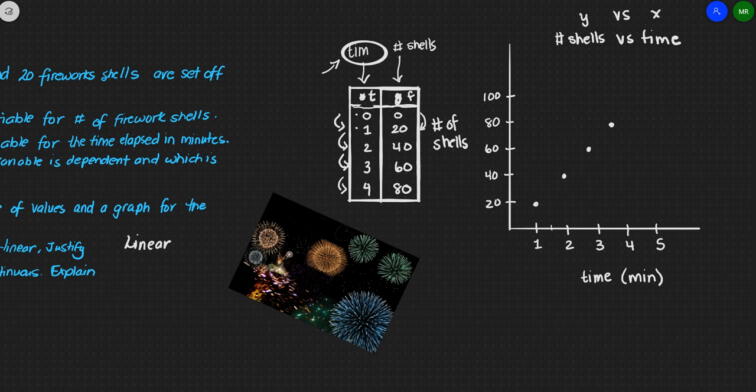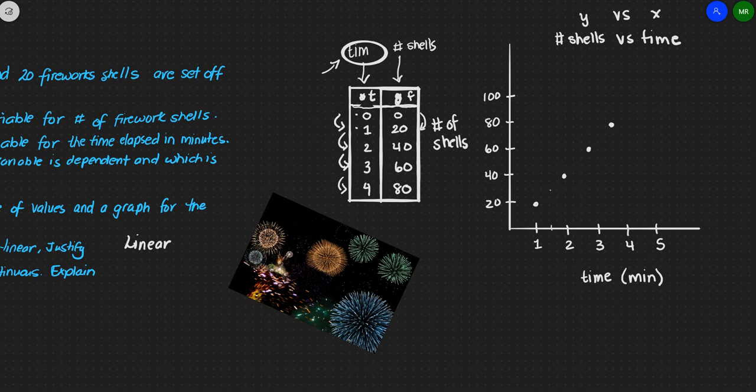It says every minute 20 firework shells are set off. So nothing happens between here. So it doesn't make sense to join this line up from here to here, because these points in the middle don't make sense to this little story we're being told about fireworks.